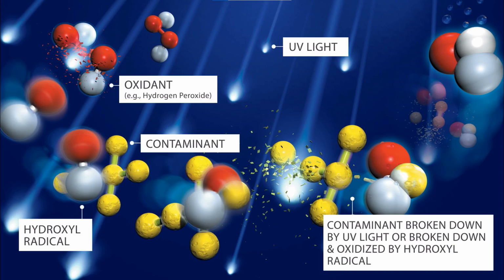In UV advanced oxidation, or what we refer to generally as UV AOP, we are taking UV light and applying it in a more high intensity situation with higher UV doses in an effort to treat molecular contaminants or contaminants of concern. We do that by adding an oxidant known as hydrogen peroxide to the water. UV light splits that hydrogen peroxide into what we refer to as free radicals.